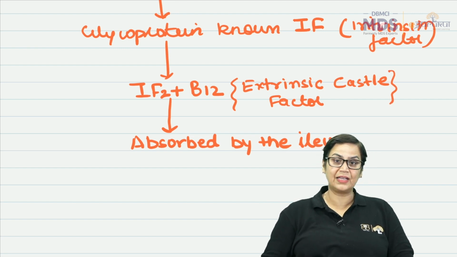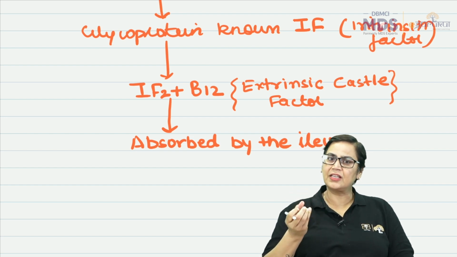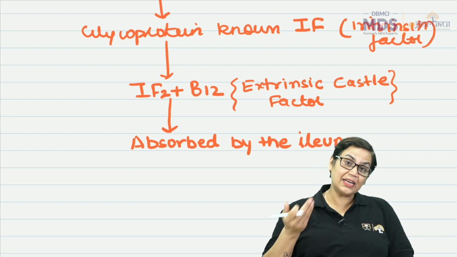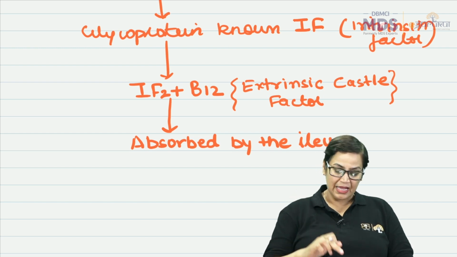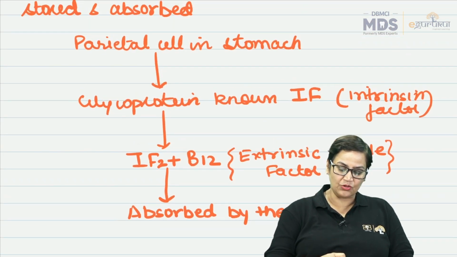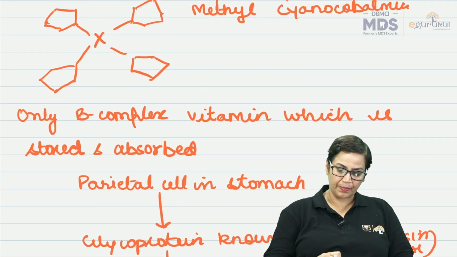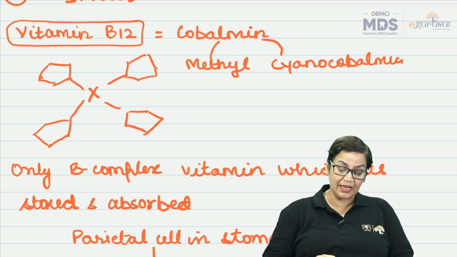Most of the students get confused here. This IF, intrinsic factor, is just required for the absorption, and the other name of B12 is extrinsic factor of Castle, and this is how it is absorbed. Okay? Right?